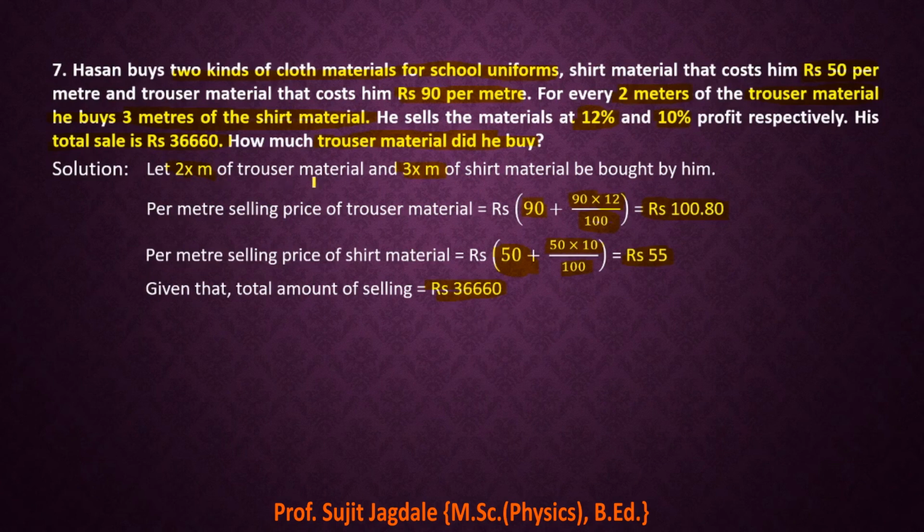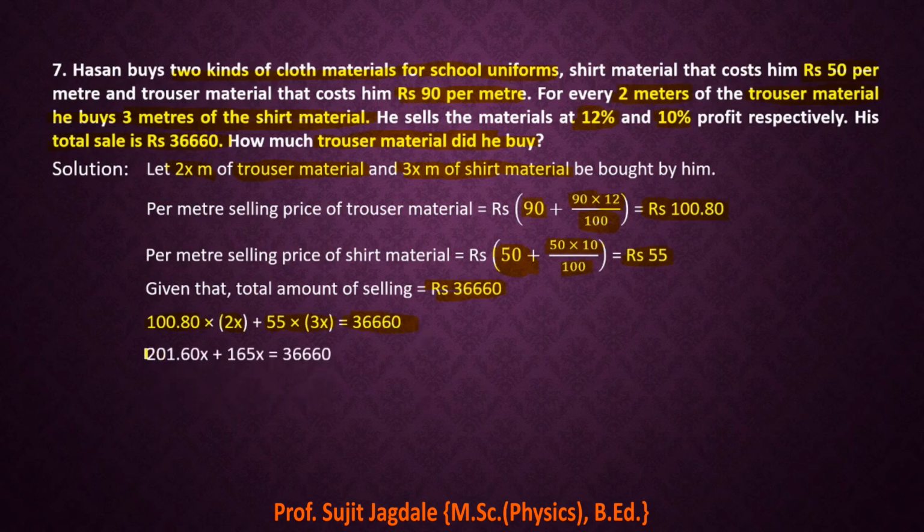So 2x meter of trouser material is bought by him, and 3x meter of shirt material. Just multiply the selling prices by the lengths of the materials and add those two values. We get 100.80, the SP for trouser material, into 2x, plus 55, the SP of shirt material, into 3x, and this addition is 36,660.